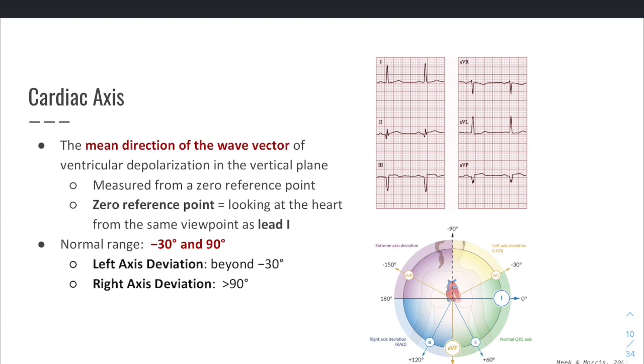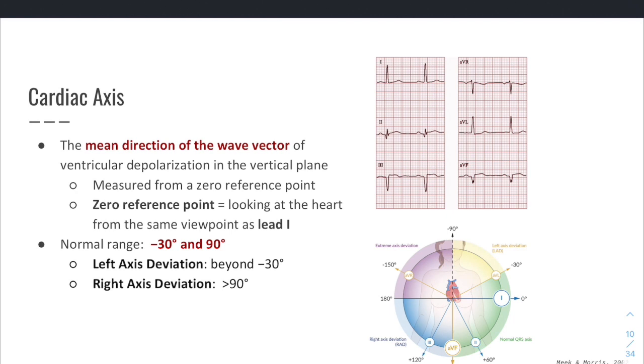So we just talked about the direction of depolarization, but the heart is not just one straight line, right? The way that the heart is constructed, you're going to have depolarizations going in all different directions. So when we're talking about axis, we're talking about the mean direction of the wave of a vector.